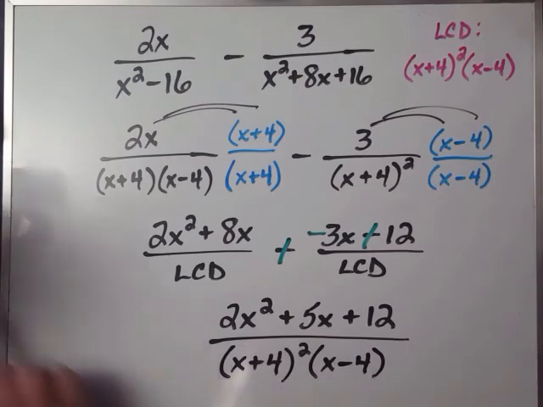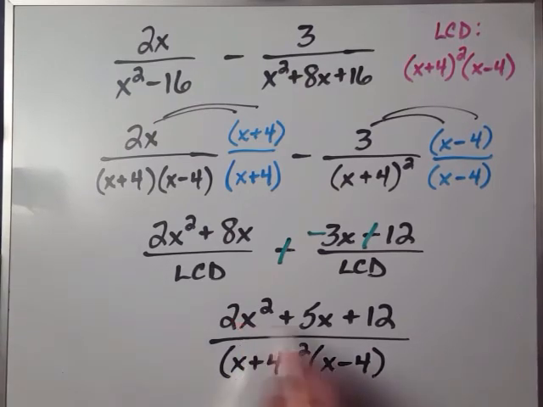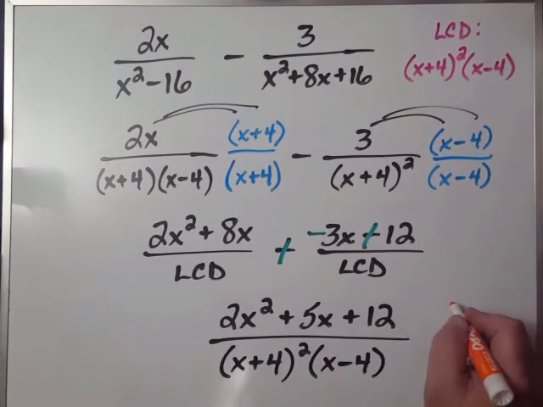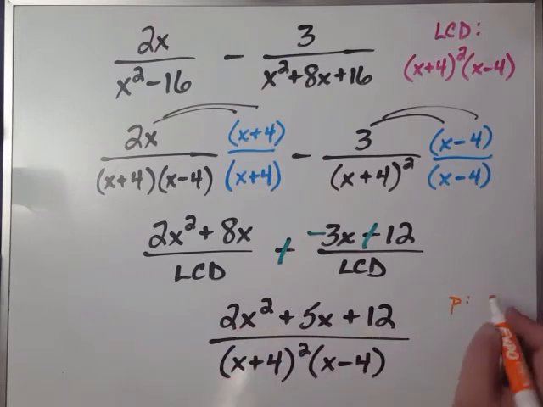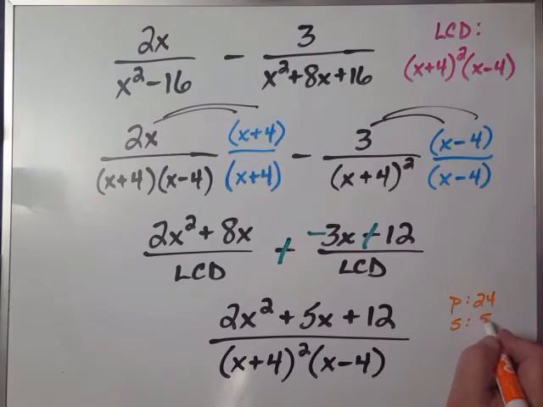AC method says I'd be looking for two numbers whose product was a times c, 2 times 12 is 24, and whose sum is 5. Go down the list. 1 and 24? No. 2 and 12? No. 3 and 8? No. 4 and 6? No. And I'm out of factor pairs.